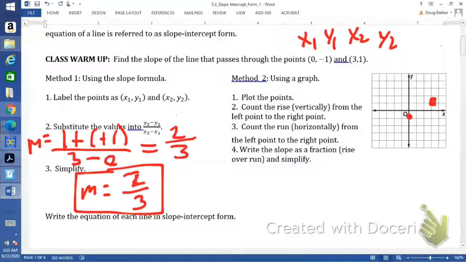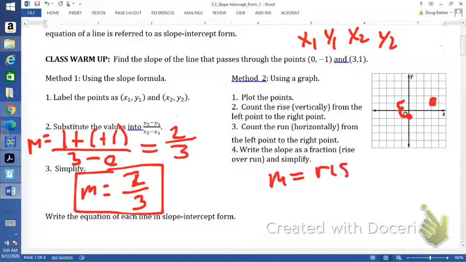Okay, now to find the slope, we're going to count the rise vertically from the left point to the right point. Alright, so we're going to go 1, 2. We're going to go up 2 vertically. Since we went up, the 2 is going to be positive.